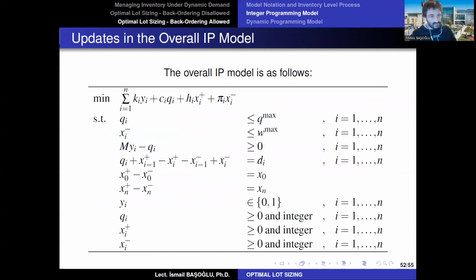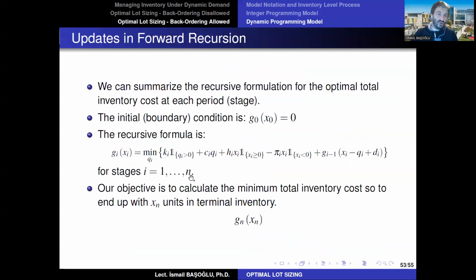If you just say the ending inventory levels are unrestricted and keep xi values as xi's instead of expressing them as the difference of two non-negative decision variables, then you cannot introduce the unit backordering cost separately from the unit holding cost, because they are different, right? So this is a necessary change that we need to introduce in our integer programming model.